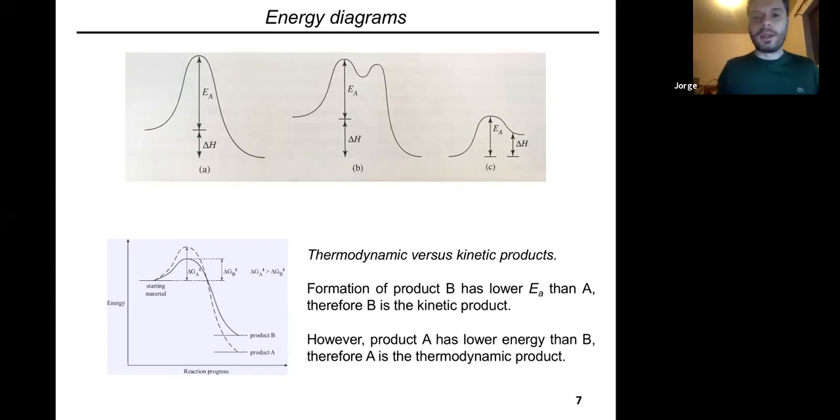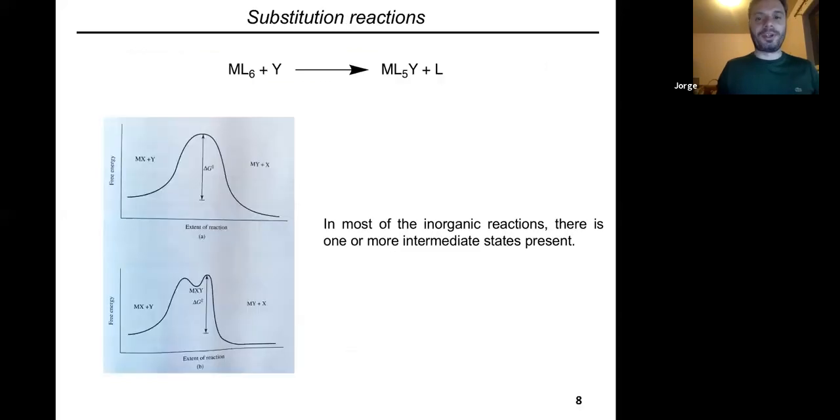Okay, guys. For inorganic chemistry, the most important reaction is the substitution kind. Just remember, a substitution reaction means that one of the atoms, or in this case one of the ligands, is going to be replaced and kicked out from the coordination sphere.